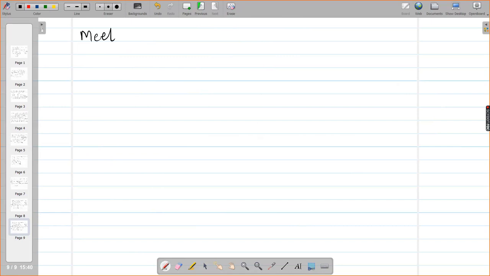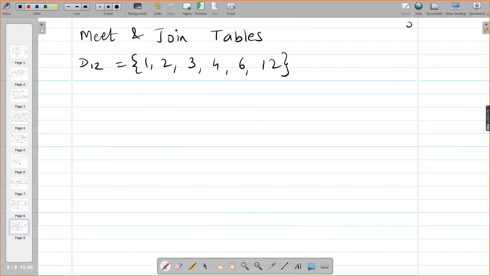Now meet and join tables. And we are seeing D12: 1, 2, 3, 4, 6 and 12. And this is the Hasse diagram we have: 1, 2, 3, 6, 4 and 12.